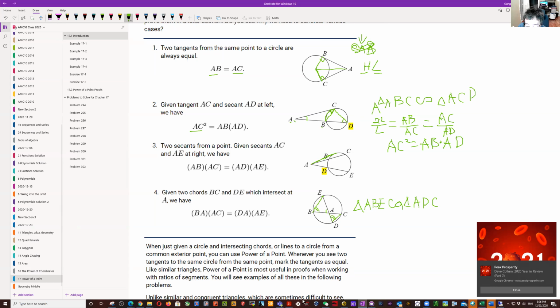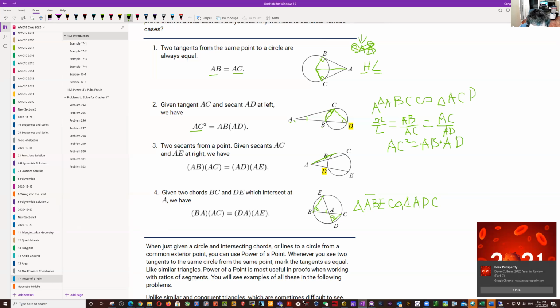Because those are similar, BA and the AC, so you can divide this.